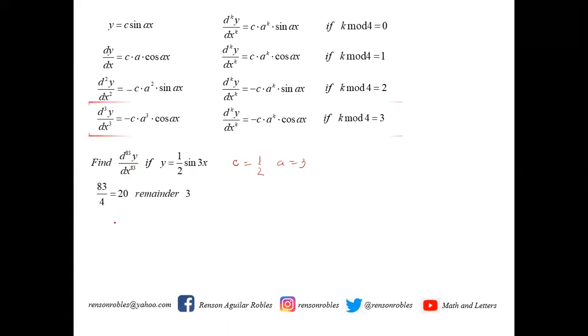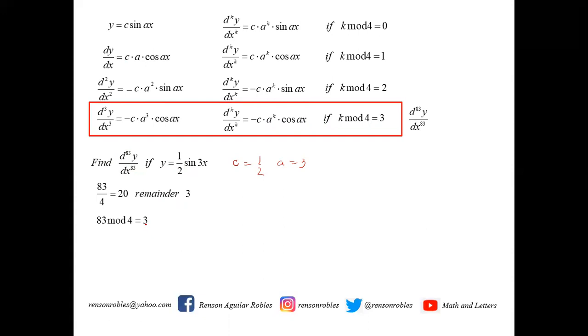So 83 modulo 4 equals 3, which means the 83rd derivative will have a structure like this: negative c, negative 1 half, a, that's 3, raised to k, that's 83, and then you copy cosine ax, that's cosine 3x. So the 83rd derivative of y in terms of x is negative 1 half times 3 raised to 83 cosine of 3x.